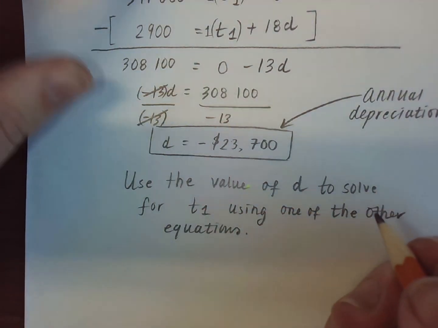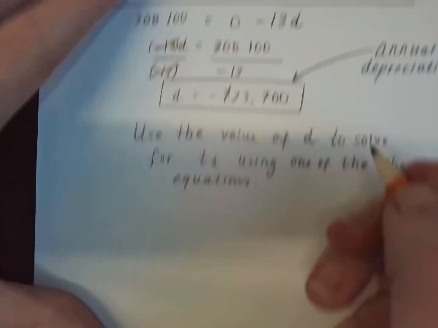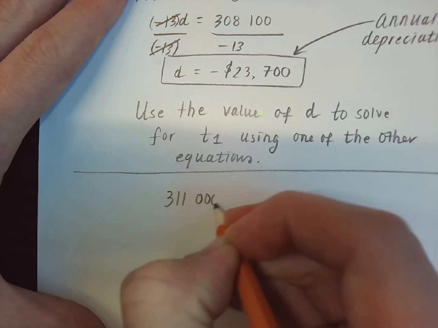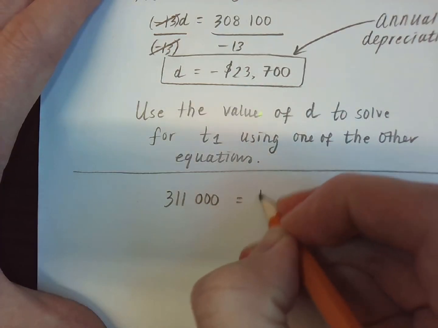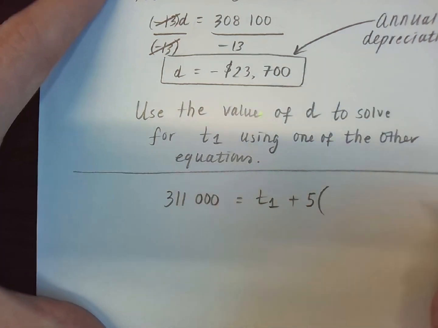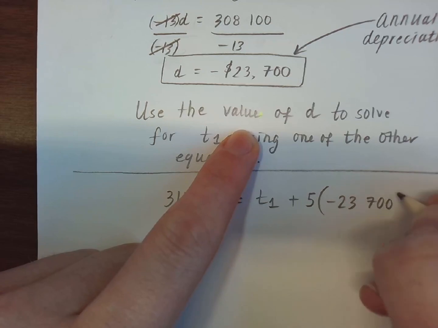Let's just take the top one: 311,000 equals T1 plus 5 times negative 23,700.